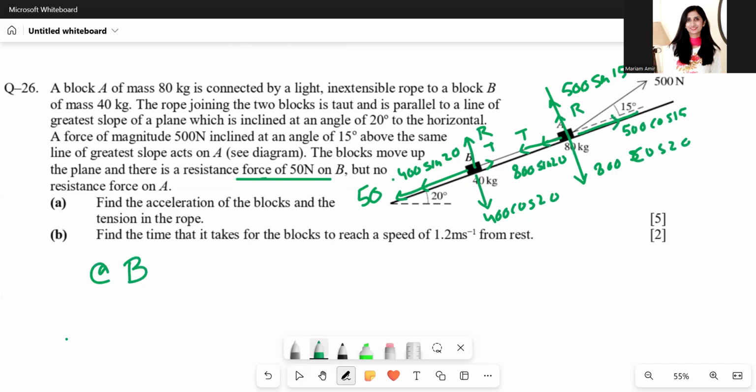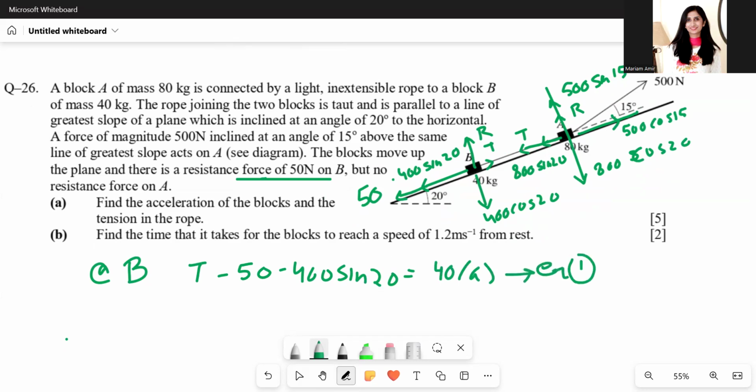So at B, forward force is T, my backward force is 50, and 400 sine 20 is equal to M times A, equation 1. Okay, then at A, we have a forward force of 500 cos 15, backward force of T, backward force of 800 sine 20 is equal to MA.